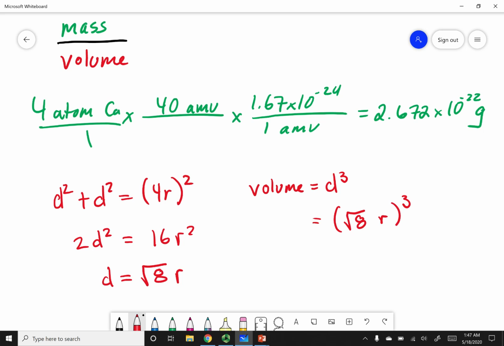So all I need to do is put in my radius. When we look at density, we want it in cubic centimeters. So 197 picometers equals 197 times 10 to the negative 12th meters, which is equivalent to 197 times 10 to the negative 10th centimeters.